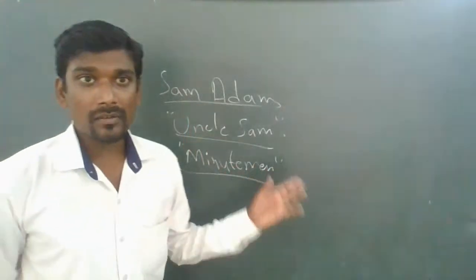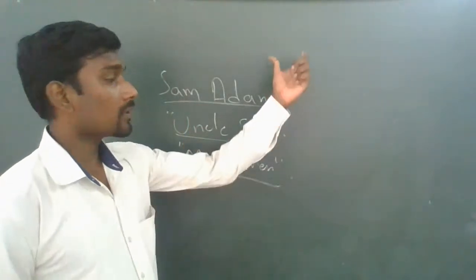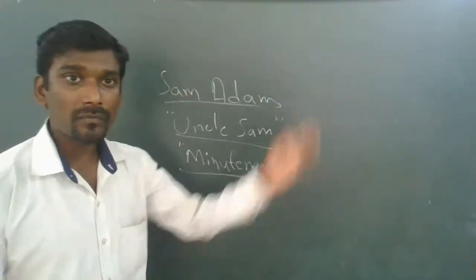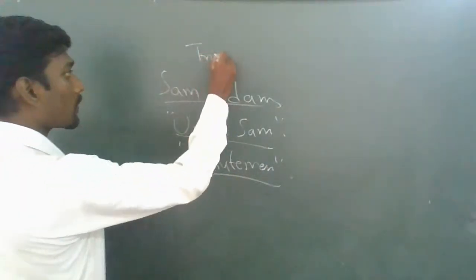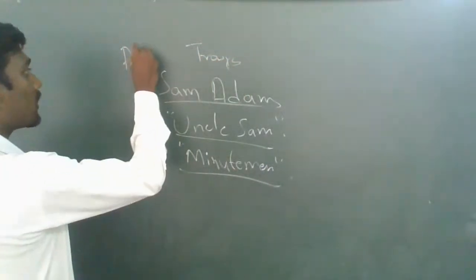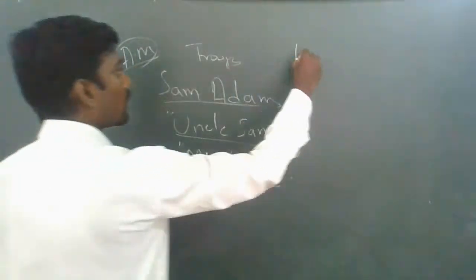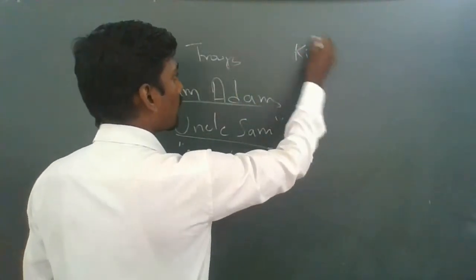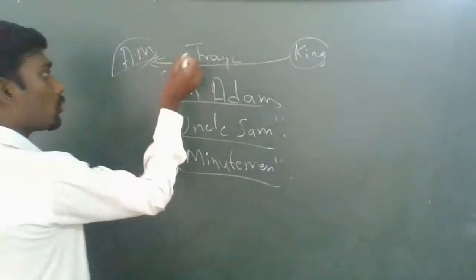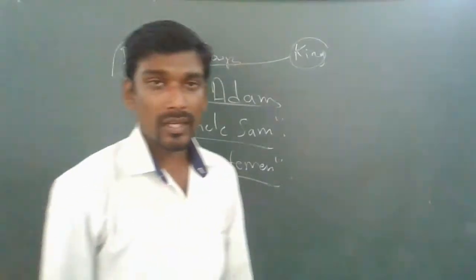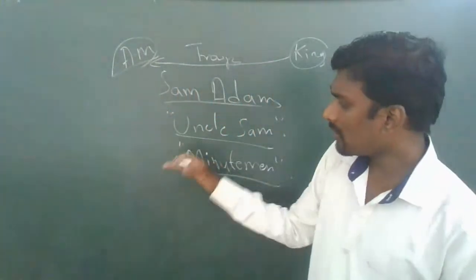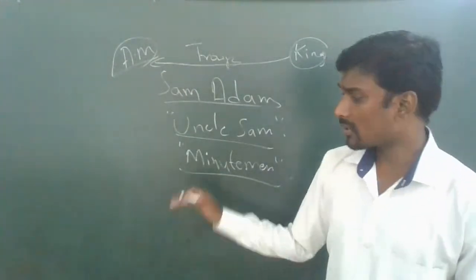Since these people refused to pay the taxes, the king of England sent troops. See, this is America and this is England. The king sent more troops to North America so that they would pay the taxes, and this became a shame on the 13 colonies.